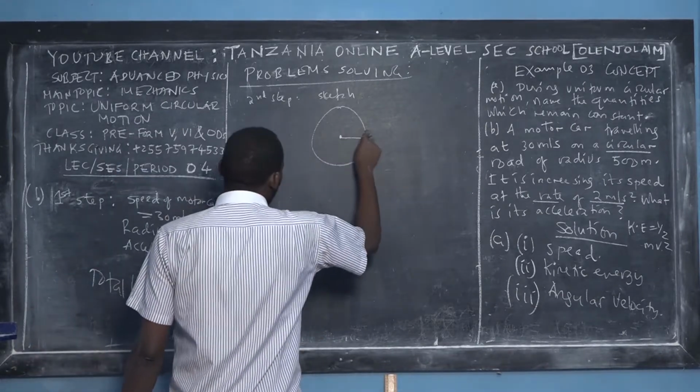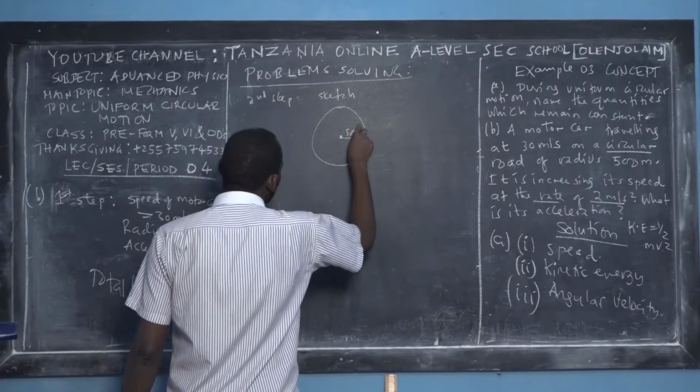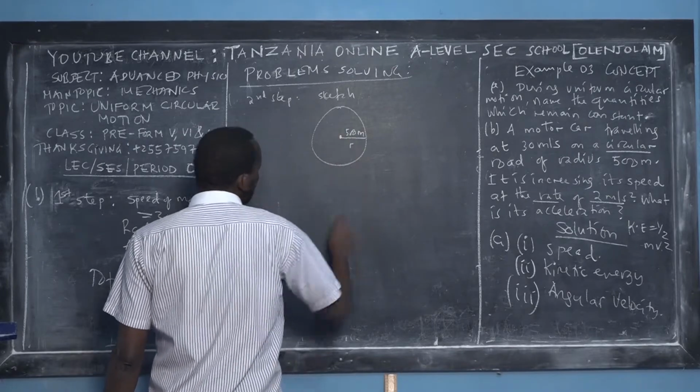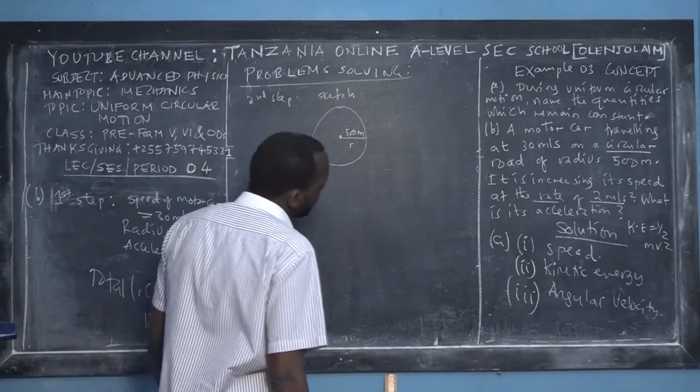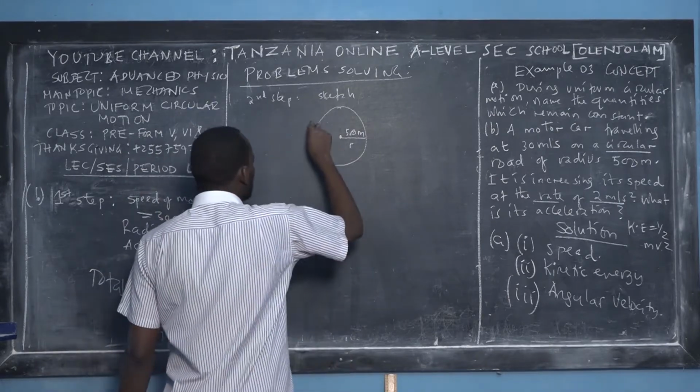Here we have a radius of 500, and we have the velocity of the body that's moving.